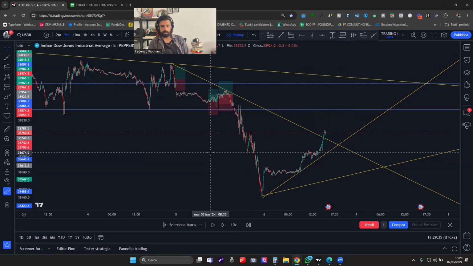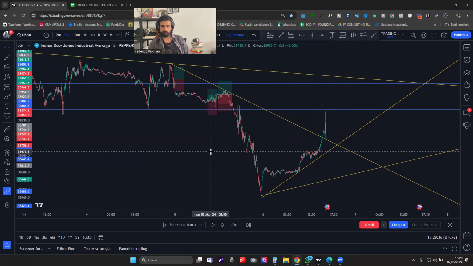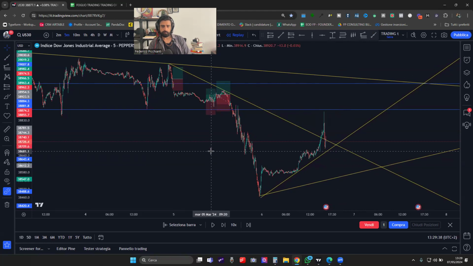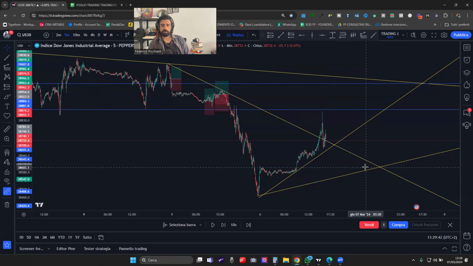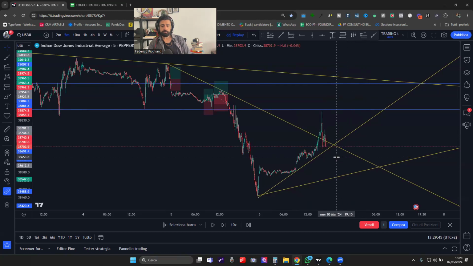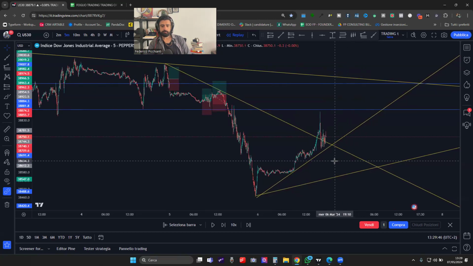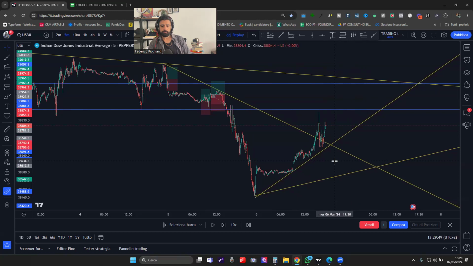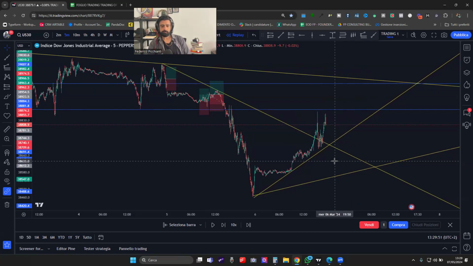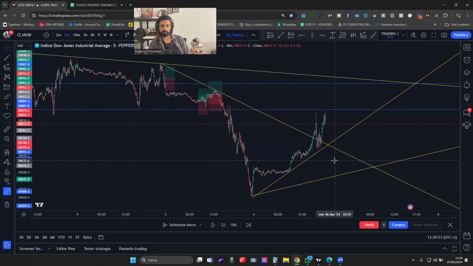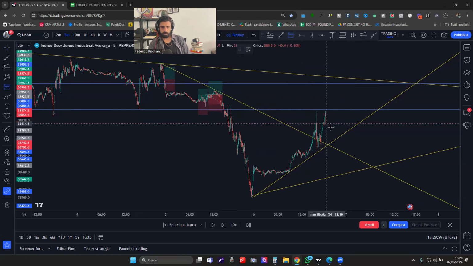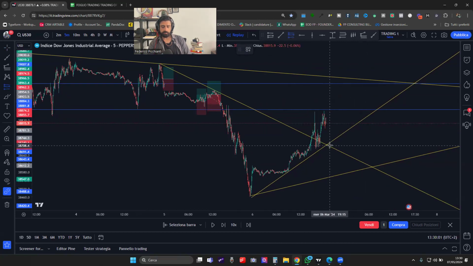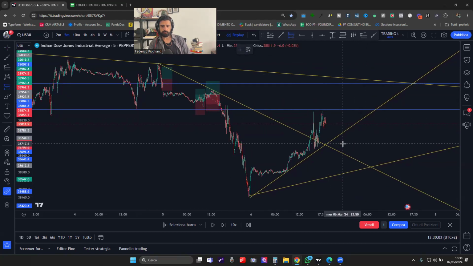Otherwise, I'll re-hedge, or I will just shorten the hedge. See what happens if I have to re-shorten the hedge.